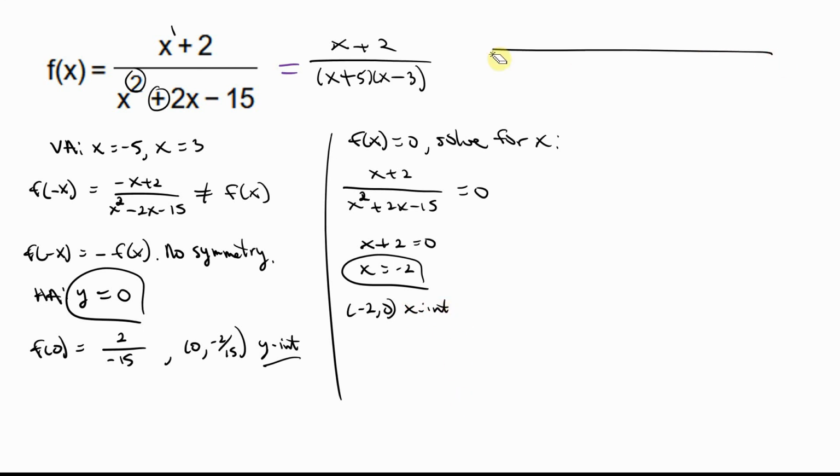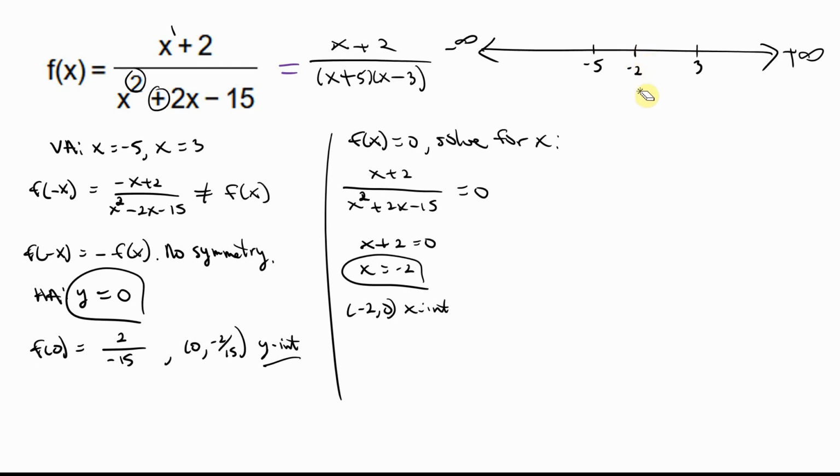So divide the number line based on the vertical asymptotes and the x-intercept. So the vertical asymptotes, we get x equal to -5, and also we get x equal to 3, and then for the x-intercept, we get x equal to -2.